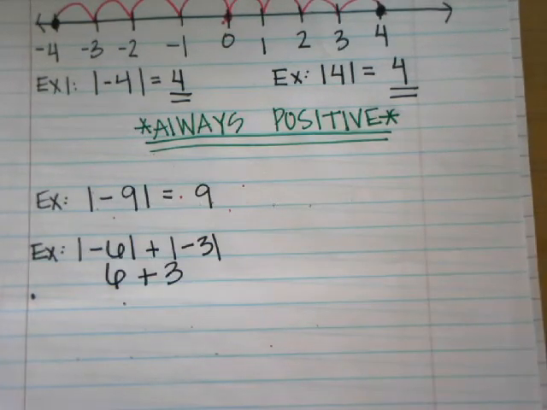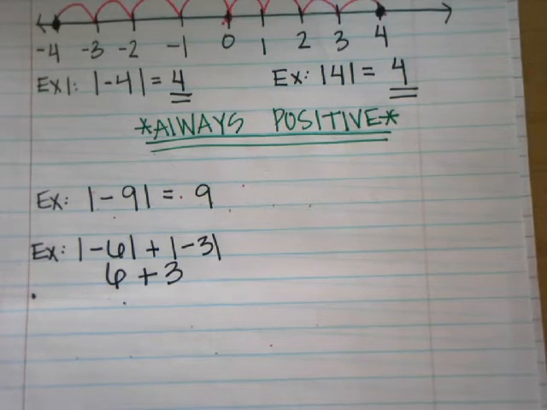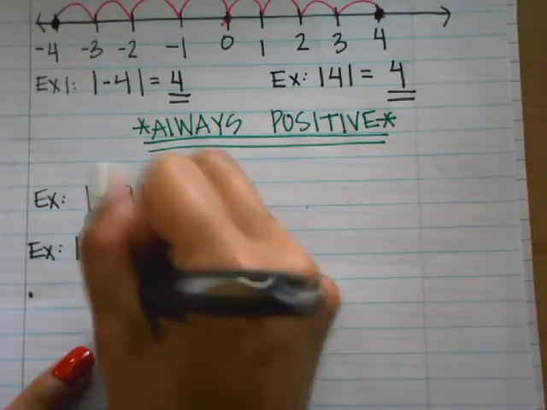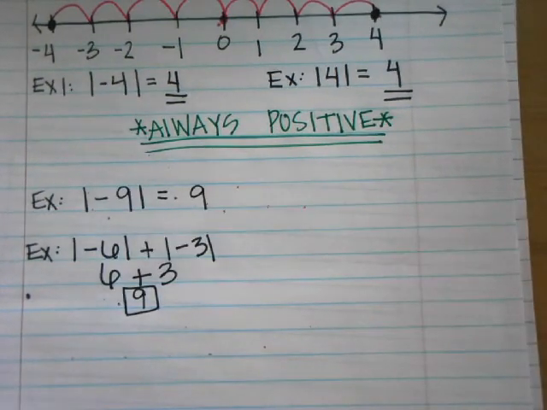So order of operations tells you you have to find the absolute value first. So I'm going to do absolute value of -6 is, and absolute value of -3 is, and now what can I do? Which is, and that's your answer. Brayden.